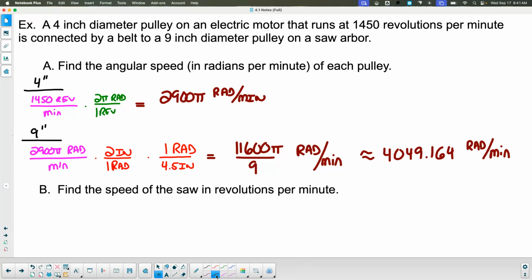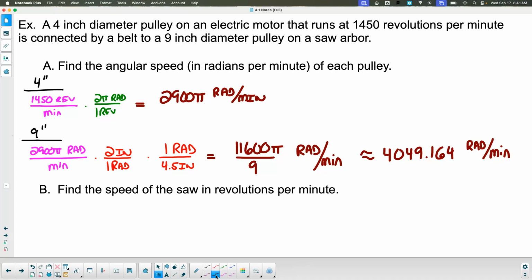I did not get it, no. Did you set it up the way I set it up? Because if you didn't set it up the way I set it up, you're not going to get my answer. You understand what I'm saying? Did you start with the 1,450 revolutions per minute, or did you start with the answer that you already had? I started with that one. Okay, so that's where I started.